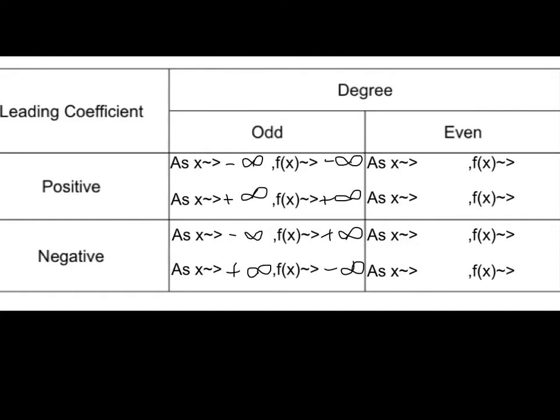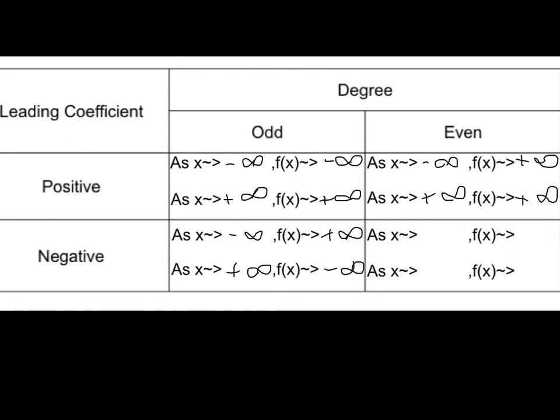So for the evens, as x approaches negative infinity, if we have a positive leading coefficient, our function is going to approach positive infinity. As x approaches positive infinity, our function is also going to approach positive infinity. Remember, if we have an even degree, positive just means that our function is opening up because it looks like a parabola.